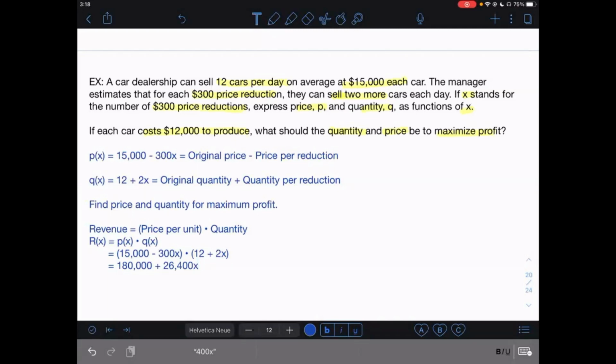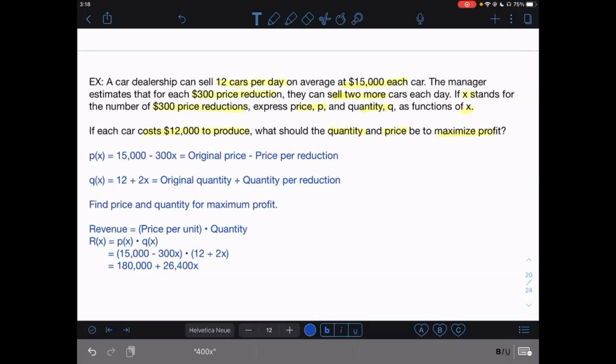All right, so 15,000 times 12 gives us 180,000. Then 15,000 times 2X is 30,000X, minus 300 times 12 is 3,600X.